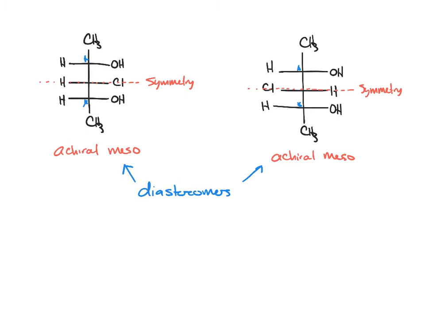Yeah? And because of the symmetry, it would be impossible to make an enantiomer. Correct. Because it's achiral, if you have an achiral molecule, it's impossible to have an enantiomer. The reason is that if you draw the mirror image, what may look like the enantiomer will always be able to superimpose on the original.